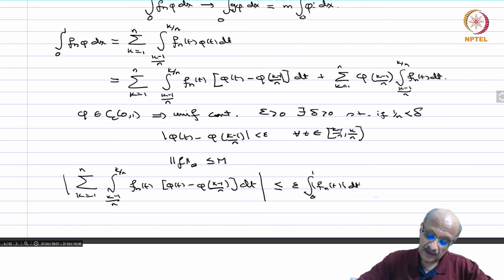But |fn| is less than or equal to M because it is just f which is repeated and rescaled. So this is less than or equal to epsilon times M.